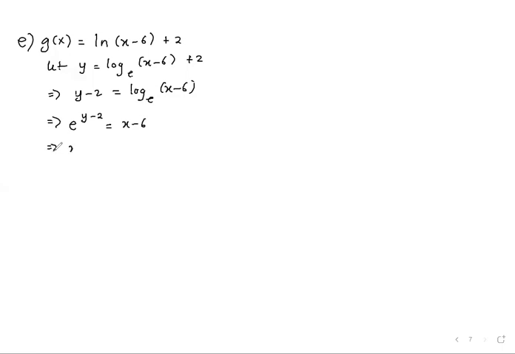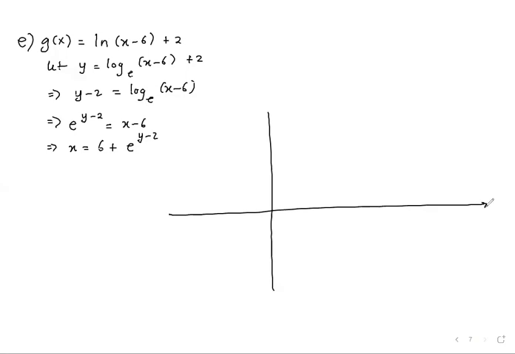Quickly becomes x is equal to 6 plus e to the power y minus 2. So again, the vertical asymptote is this line, 6 here.